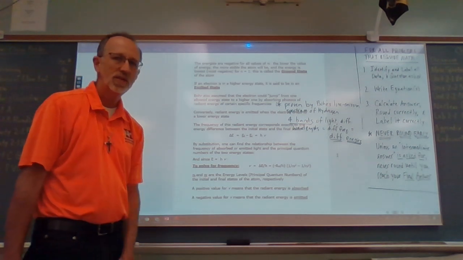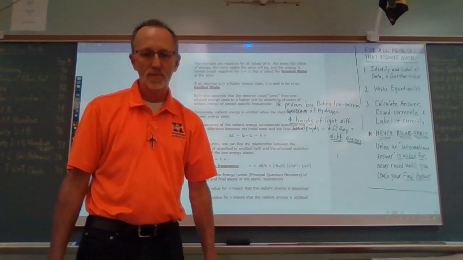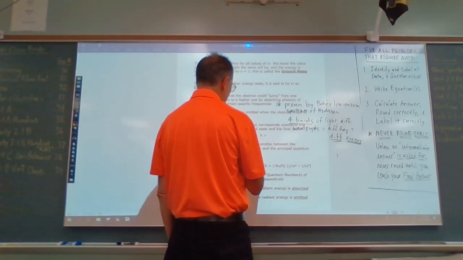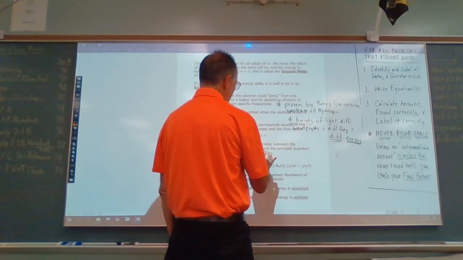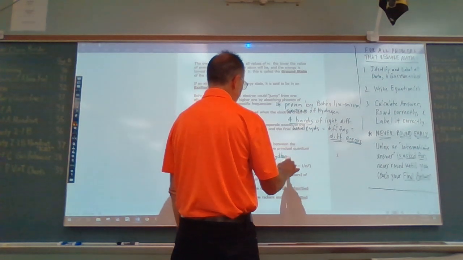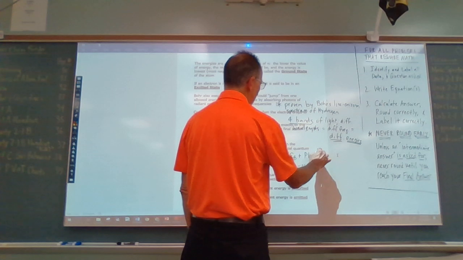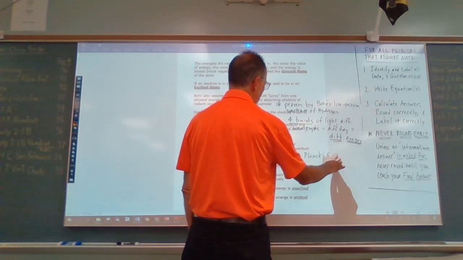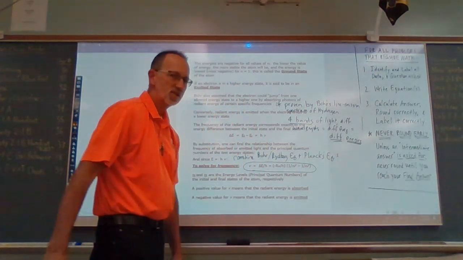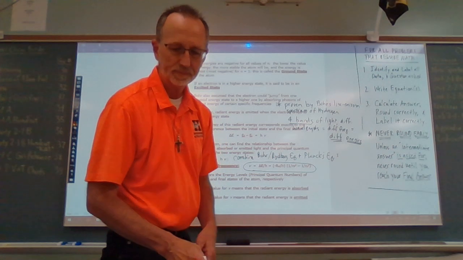So we're going to substitute Planck's equation into the Bohr-Rydberg equation. Again, this was shown on the video towards the end. Combine the Bohr-Rydberg equation and substitute in Planck's equation, and we get this right here.